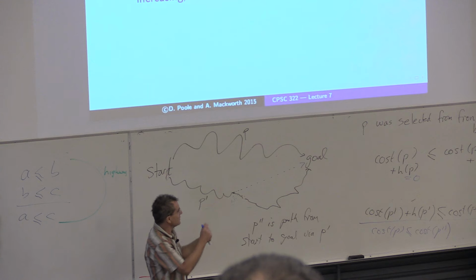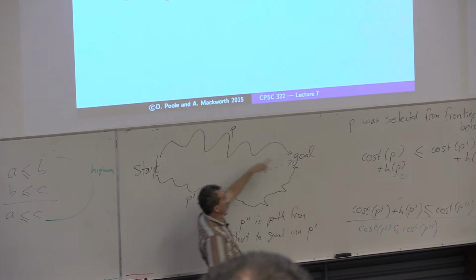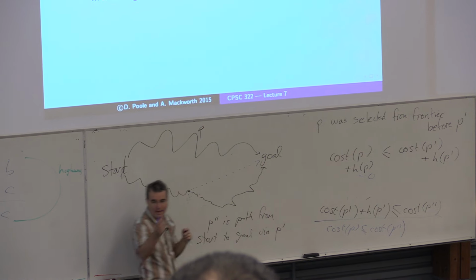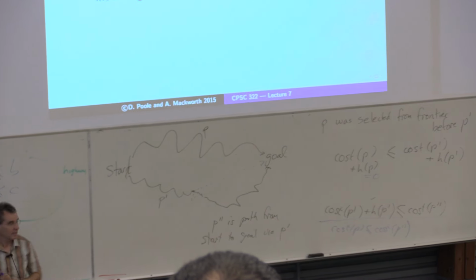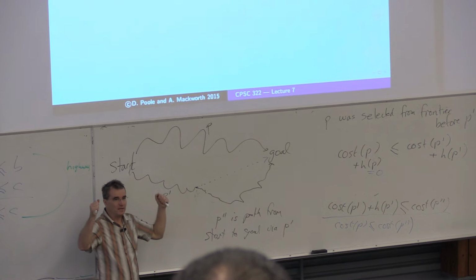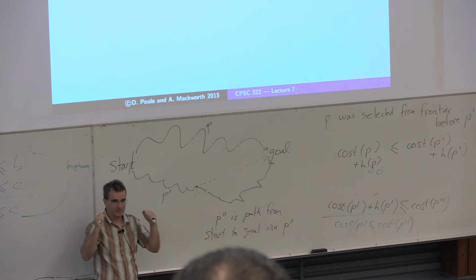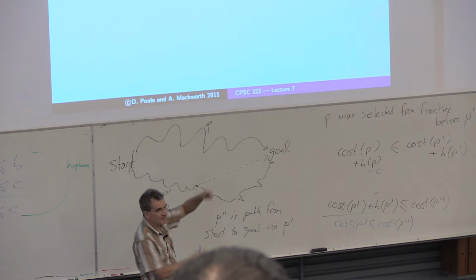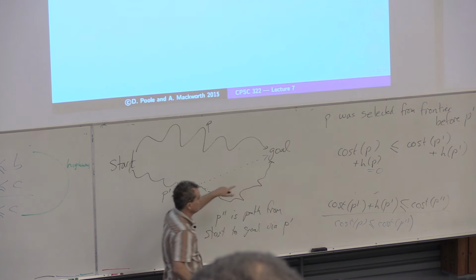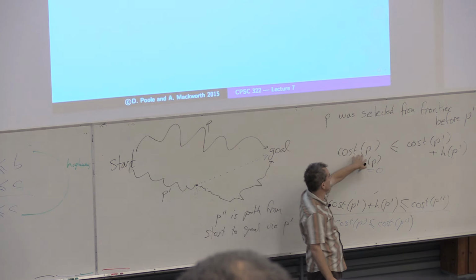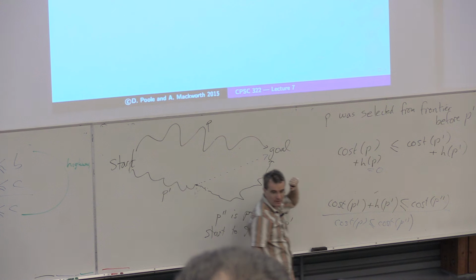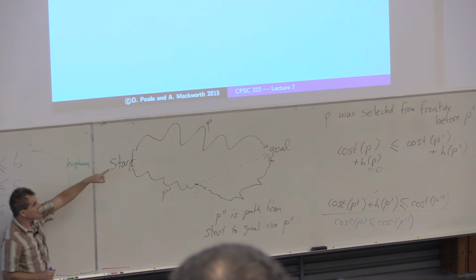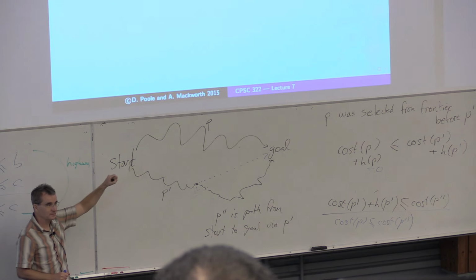And it halts because as we keep going, this cost function keeps increasing, and so the cost plus h of p has to keep increasing, because h just adds it on. So this eventually exceeds the cost of the optimal path to a goal, and then we'll have to stop. Does that make sense?